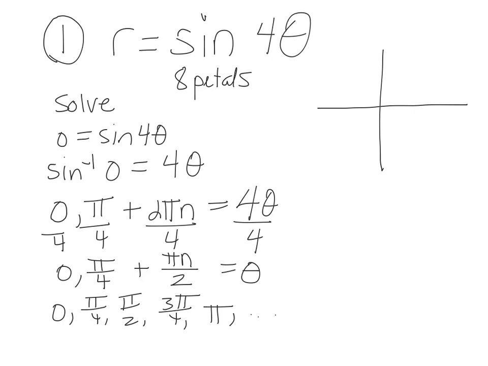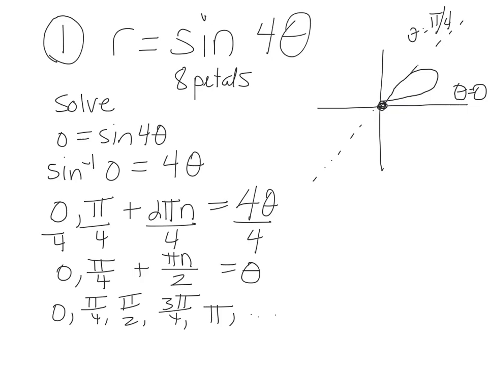So that means that when the angle theta equals 0, we are at the pole for our polar curve. Then it loops around, and when theta equals pi over 4, we hit the pole again for the next time.